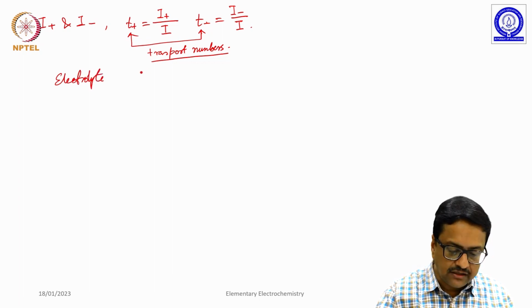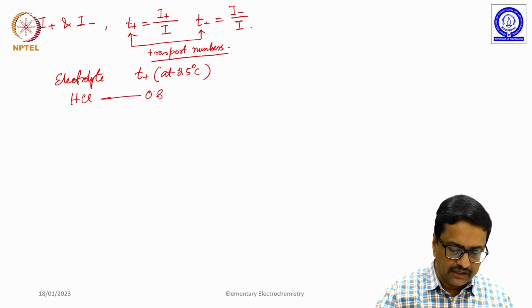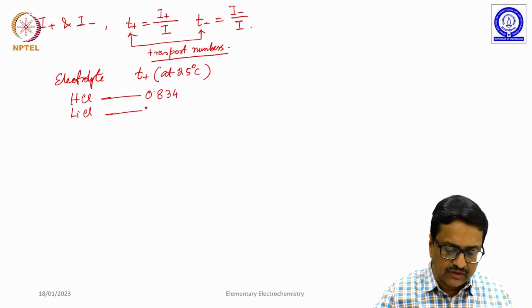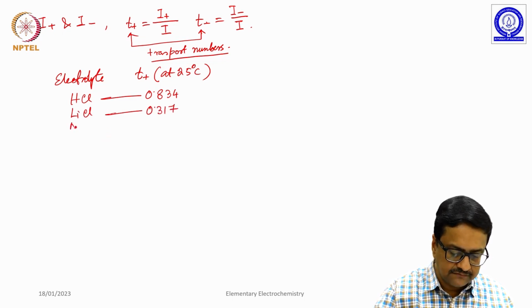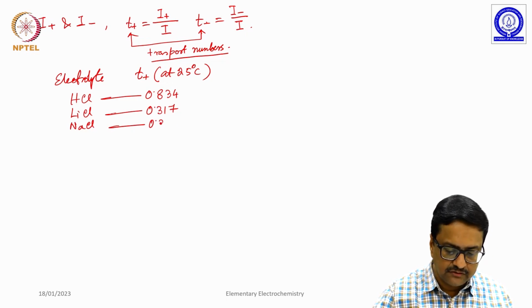Electrolyte and the corresponding transport number of the cation at 25 degree C. For HCl, it is 0.834. For LiCl, it is 0.317. For NaCl, this is 0.385.